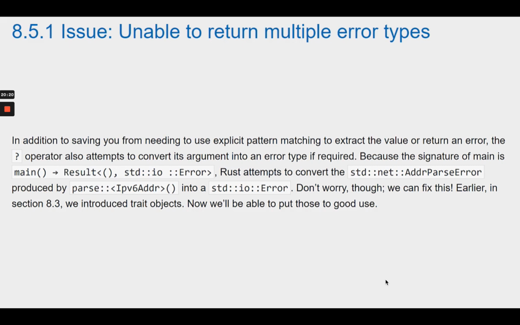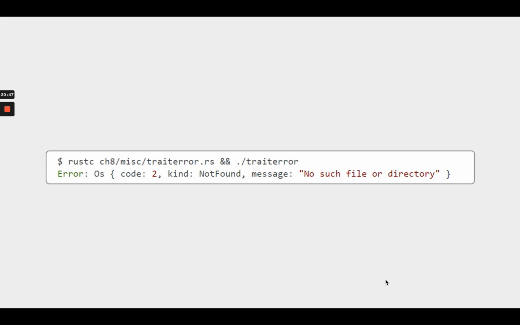Because the signature of main is main() -> Result<(), std::io::Error>, Rust attempts to convert the std::net::AddrParseError produced by Ipv6Addr::parse into std::io::Error. Don't worry though, we can fix this. Earlier in section 8.3, we introduced trait objects. Now we'll be able to put those to good use. Using Box<dyn Error> as the error variant in the main function allows us to progress.